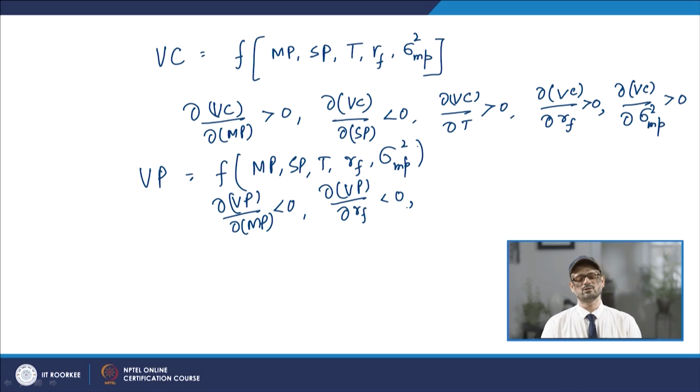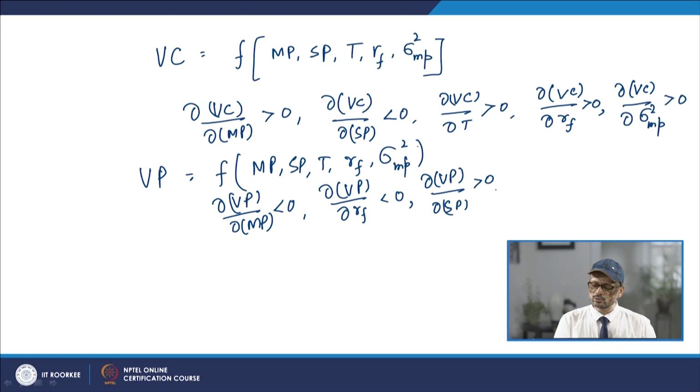Apart from that, the other three factors, strike price, maturity time, and the variance of the market price, all have a positive effect. So dou of VP upon dou of SP will be more than 0, unlike the value in the call option.